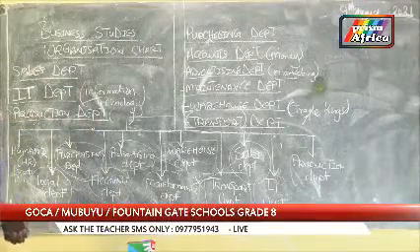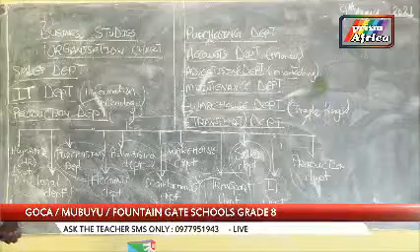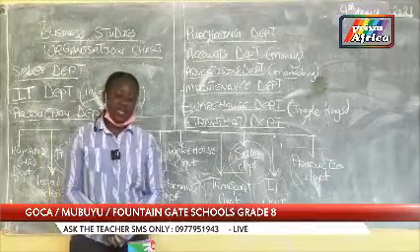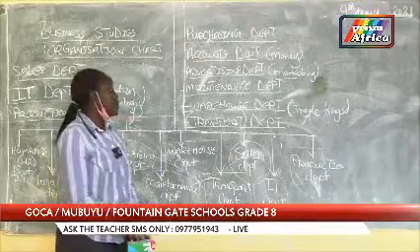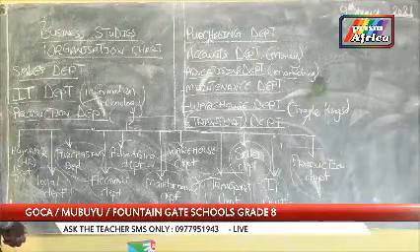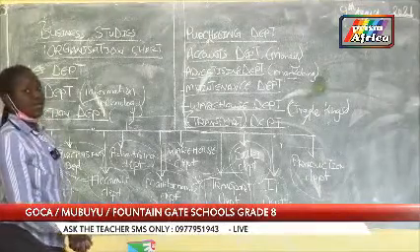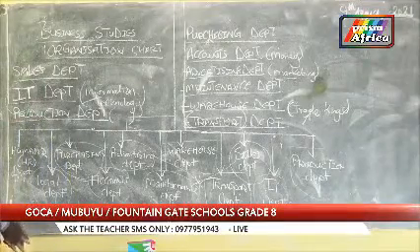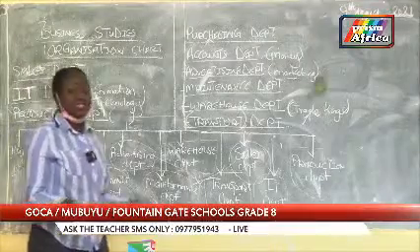So our subject today for the grade 8 class was business studies, and our topic was organization charts. Remember we said an organization chart is a diagram that shows how a business is organized or structured. Then we looked at where an organization is derived from.